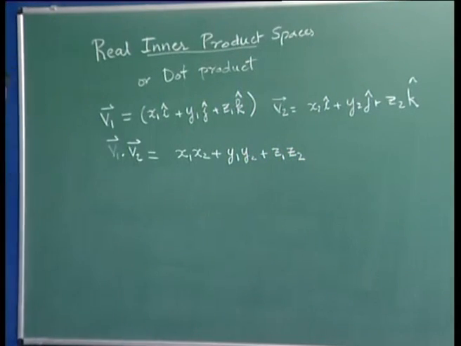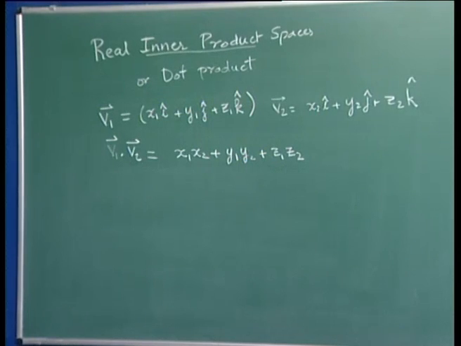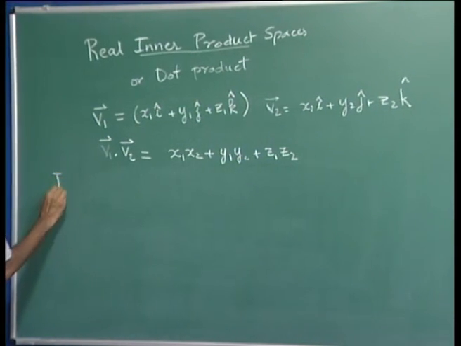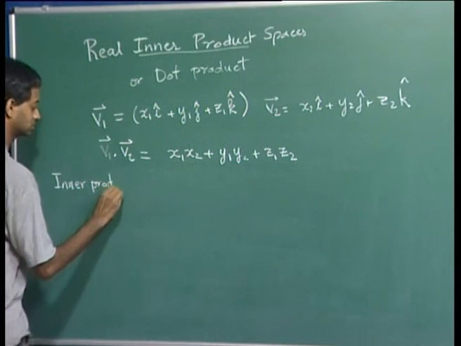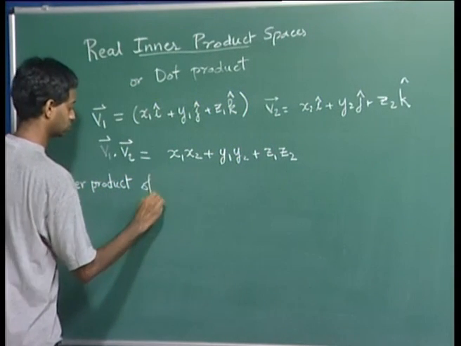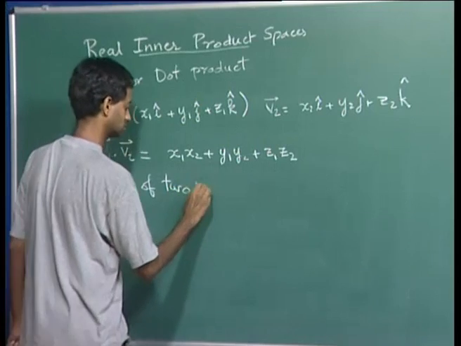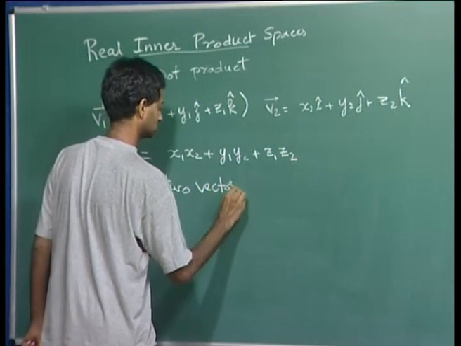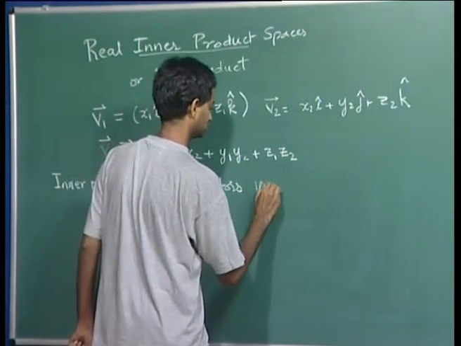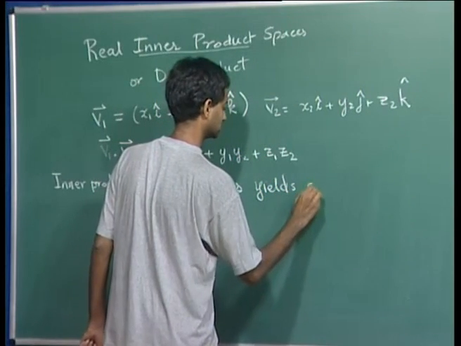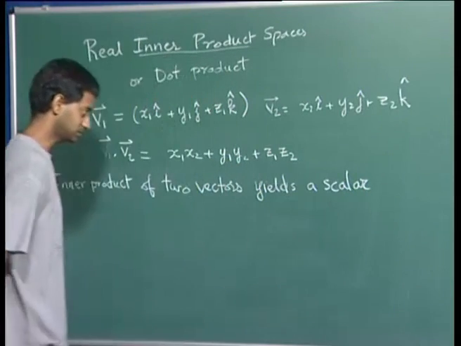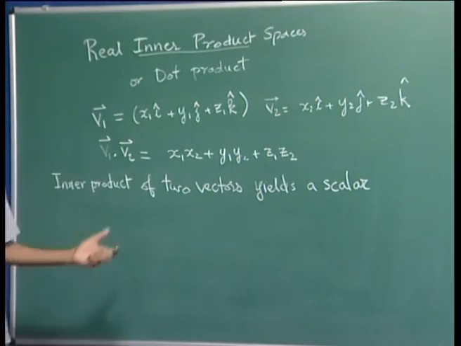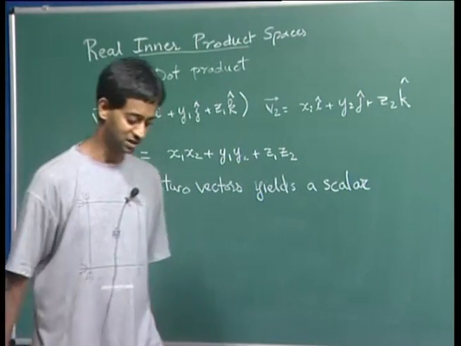Okay. So, thus we say that the inner product of two vectors yields a scalar. And for this reason, this is also sometimes called the scalar product.